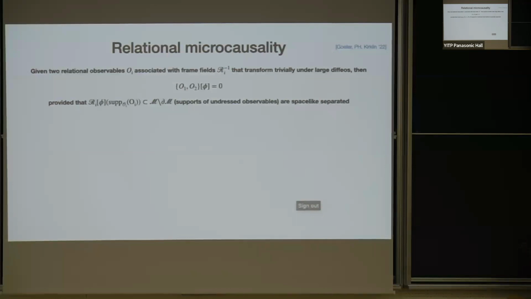And in fact, if you remember that these observables are now objects on local orientation spaces, and if we use the frame to map the support of these observables back to space-time, then the statement is that if these relationally defined space-time supports of the two relational observables are space-like separated, then they commute. Okay.